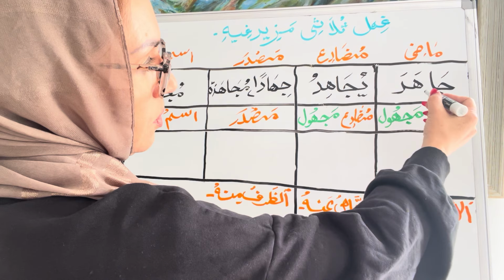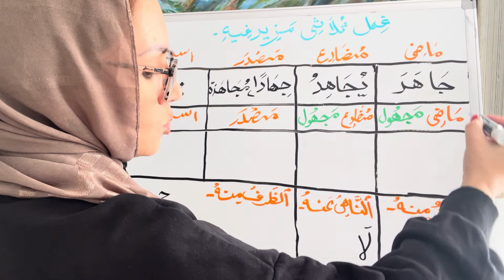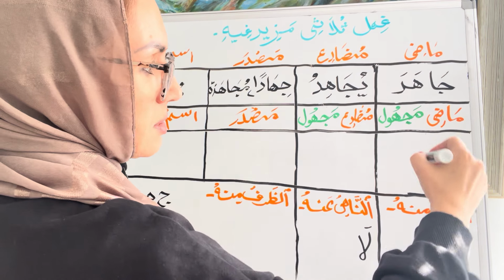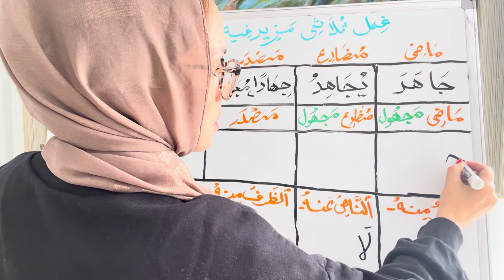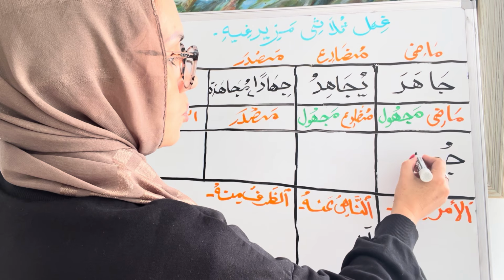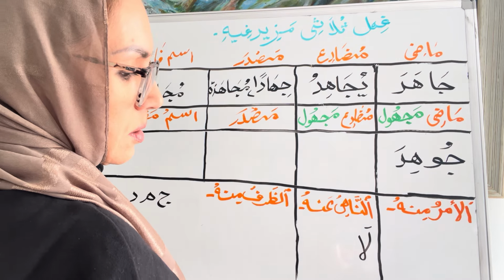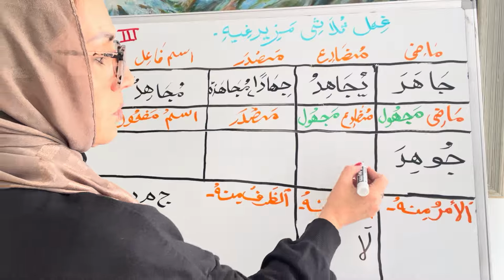So now we have to figure out the majhul. So now it becomes juhida. Remember, e sound. Juhida. Yujahadu.